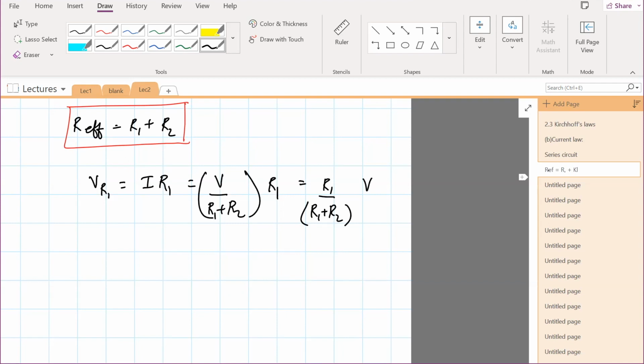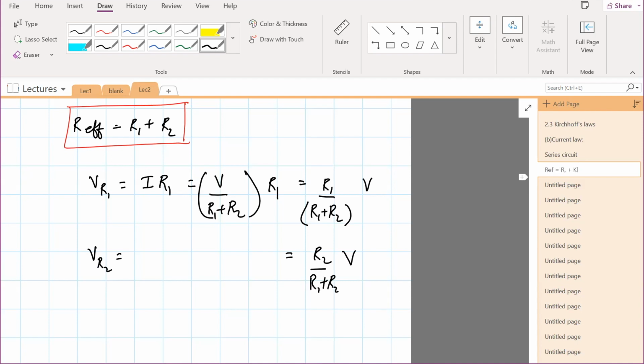So what you see is that the voltage across R1 is a fraction of the total voltage. R1 is the resistor across which we're computing the voltage, and that is divided by the sum of the resistances, times the voltage. So this circuit is known as the voltage divider because you can easily use this formula to compute the voltage.